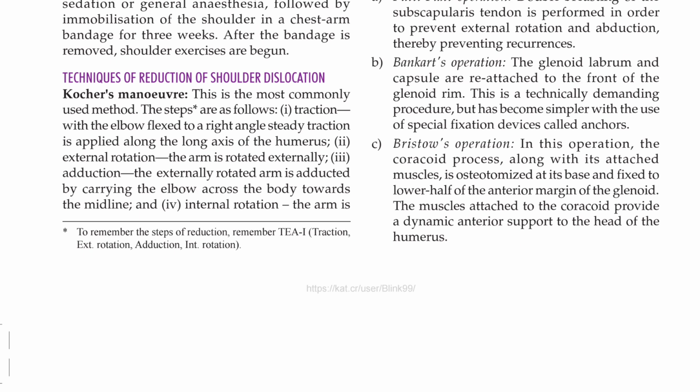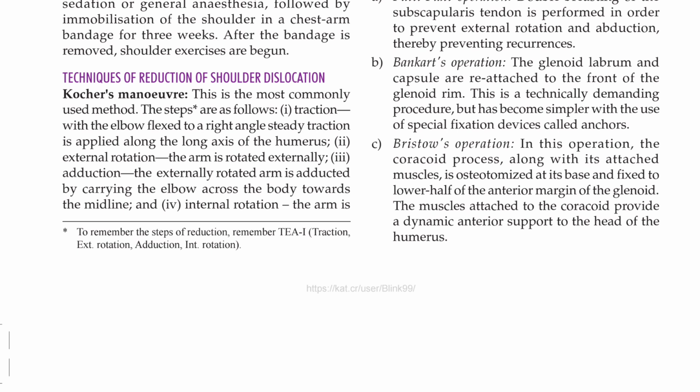After that, what happens in Bristow operation? In this operation the coracoid process along with its attached muscle is osteotomized at its base and fixed to the lower half of anterior margin of glenoid.